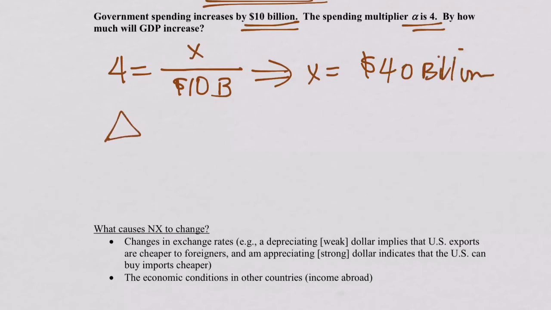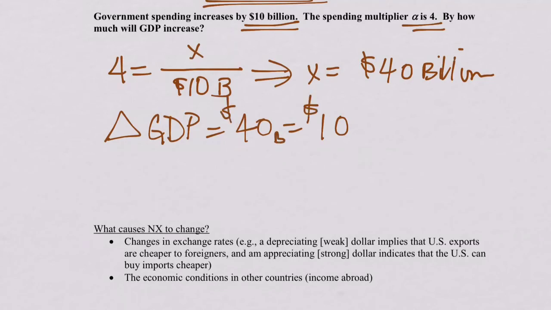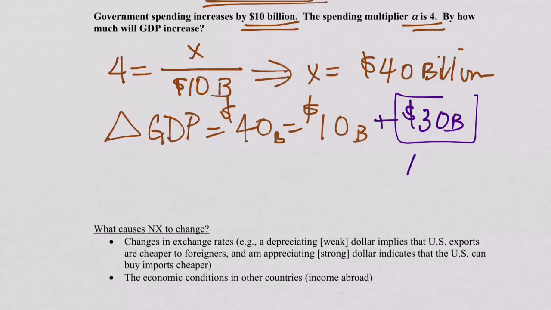And so that change in GDP of 40 billion is simply going to be made up of 10 billion from government spending plus 30 billion now from consumer spending.